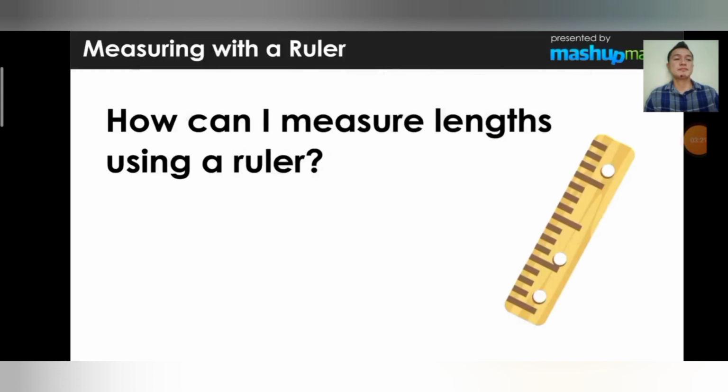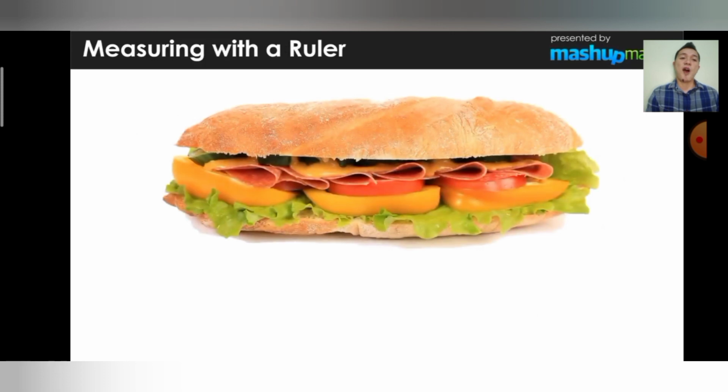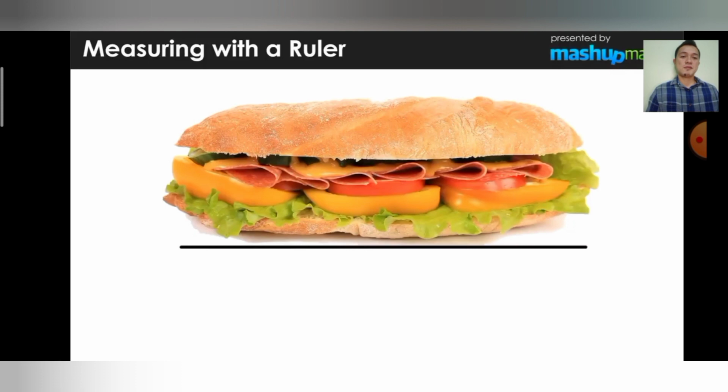Hey there everyone, thank you so much for joining me on this lesson where we are going to explore how to find the length of objects using a tool called a ruler. Now let's start by thinking about one of my favorite things in the whole world, food. Ooh, yummy. Let's imagine a sandwich that is 1 foot long. You probably already know that 1 foot is exactly the same thing as 12 inches.